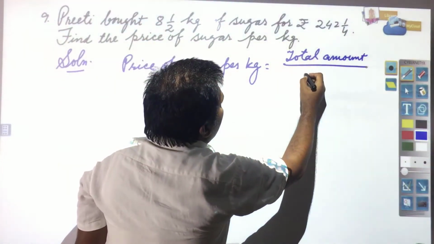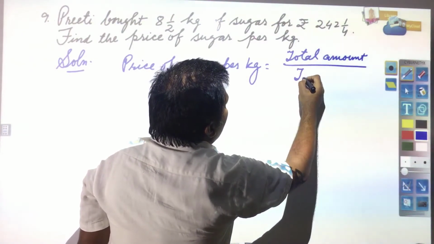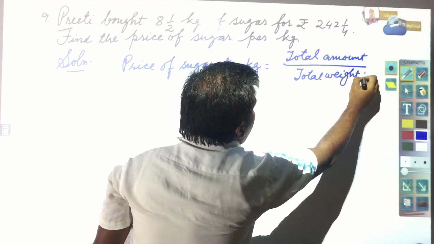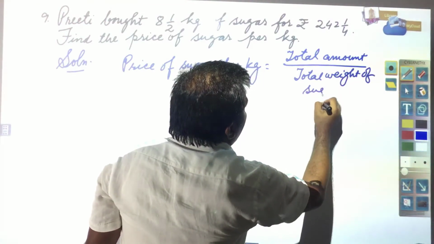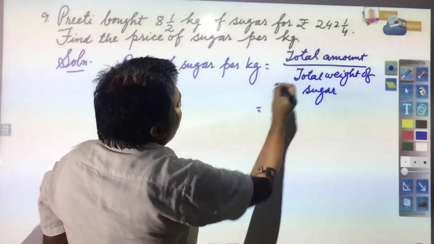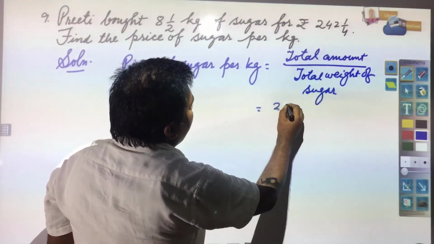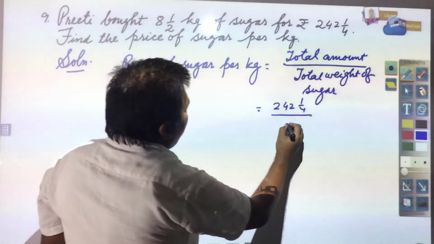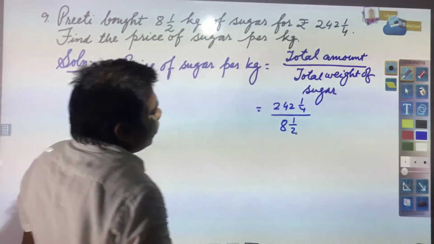So, the total weight of sugar. So, this will be total amount, you have 242 whole 1 by 4 divided by 8 whole 1 by 2.